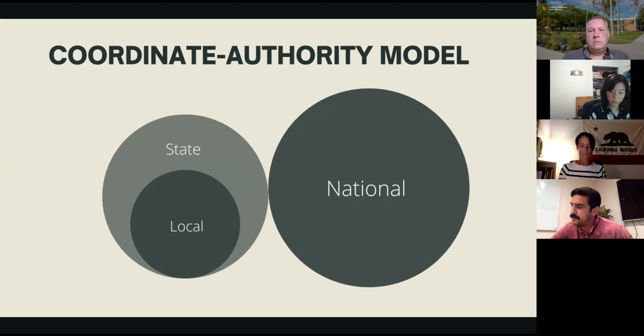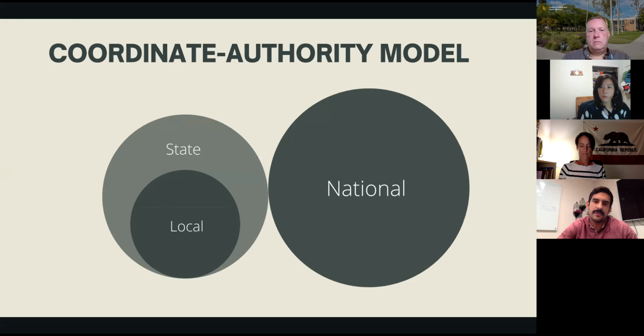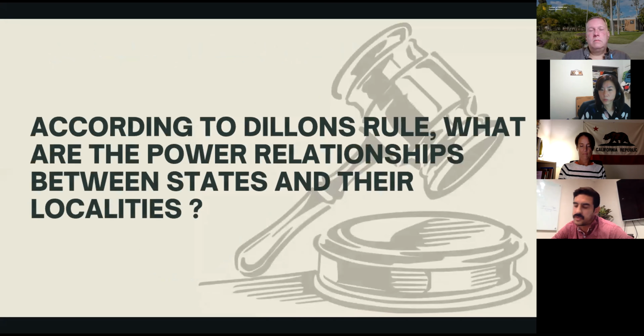So the article refers to Dillon's rule, and Judge John F. Dillon in 1868. His rule was derived from two court decisions, with a narrow interpretation of local government and where they fell within their powers.